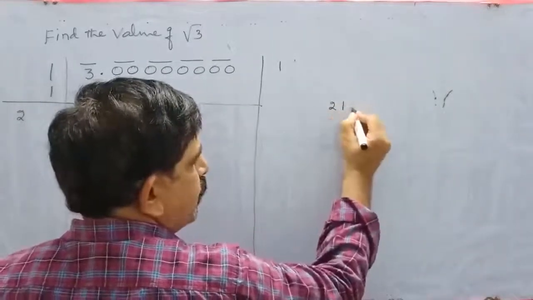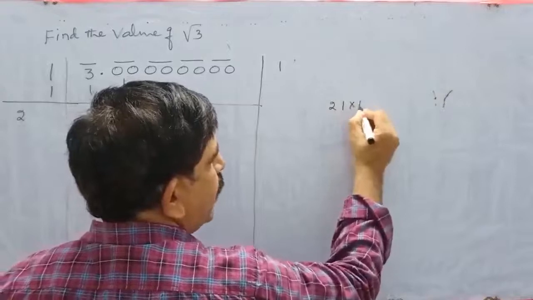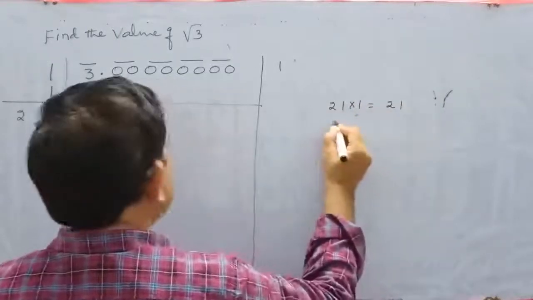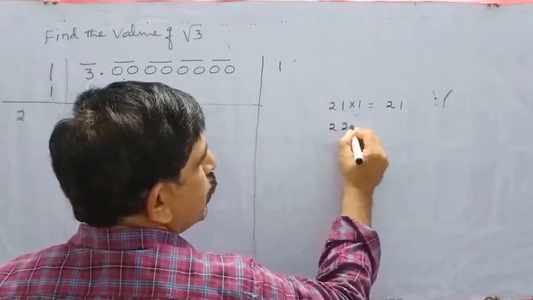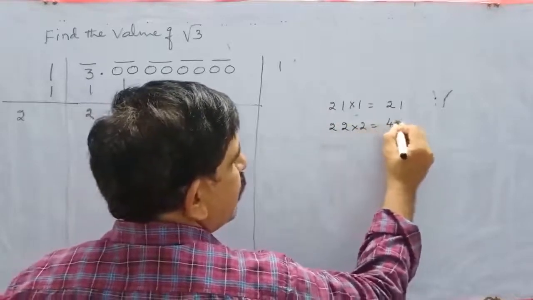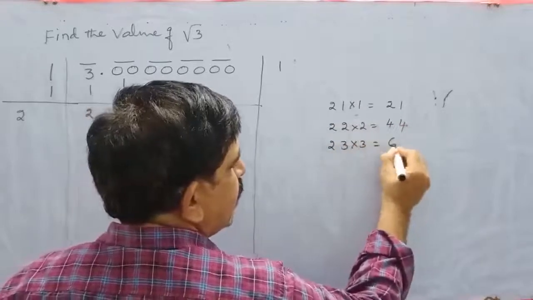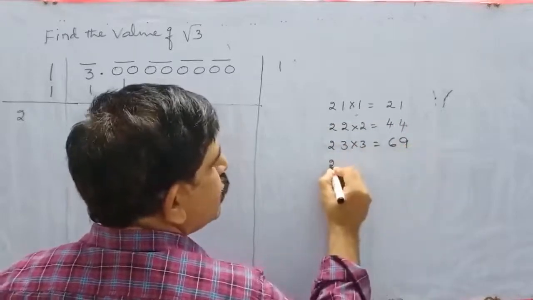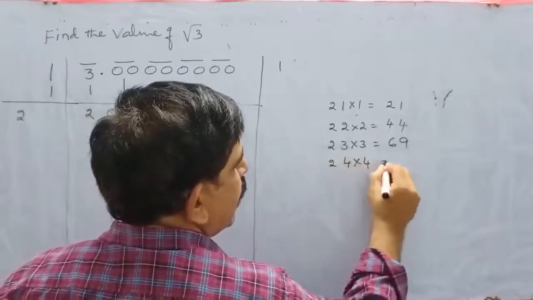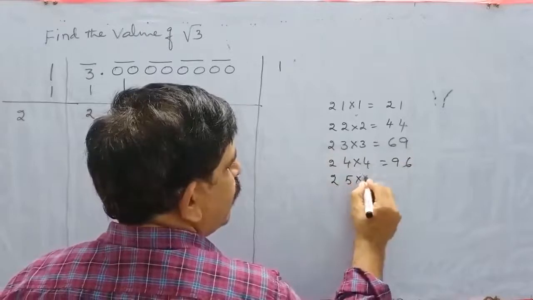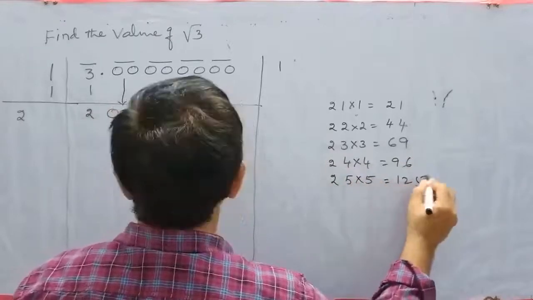Now you take the first 2. Next perfect square numbers, 1 into 1, that is 21 into 1, 21. Next one 2, 2 into 2, 44. Next 2, 3 into 3, 69. Next 2, 4 into 4, 96. 2, 5 into 5, so that is 125.